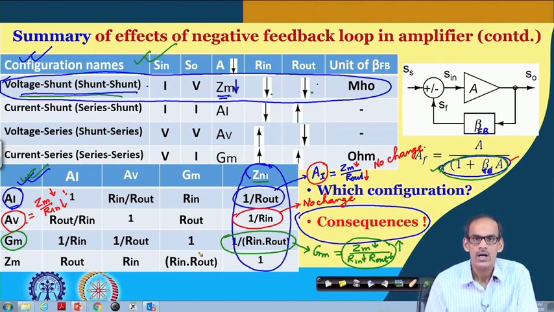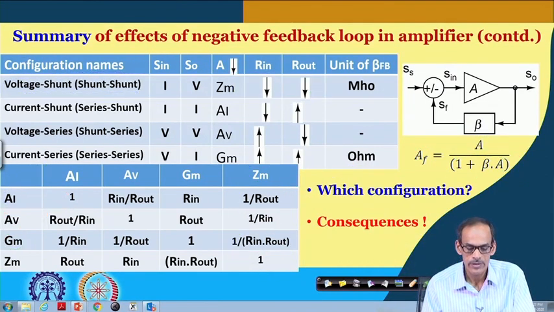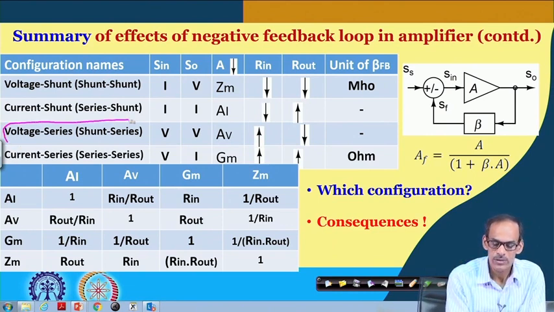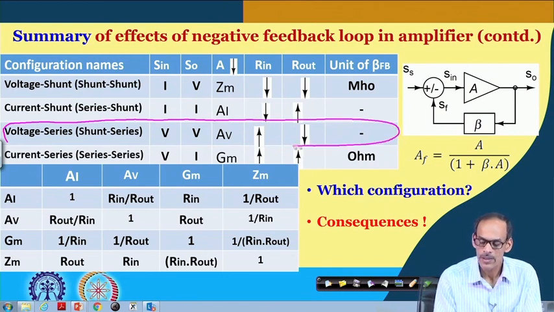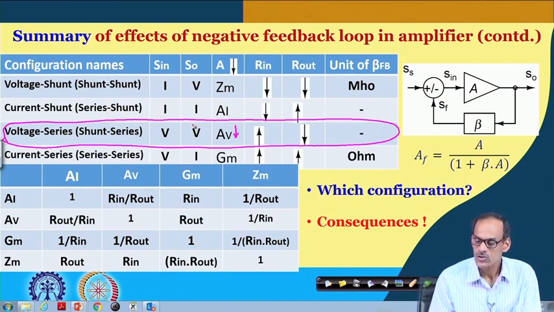Now, let us consider another example. Let us consider the circuit in this configuration, voltage series or shunt series configuration, which indicates that AV is getting stabilized or reduced by the desensitization factor. So, this A is AV, and appropriately you have to see the corresponding beta.